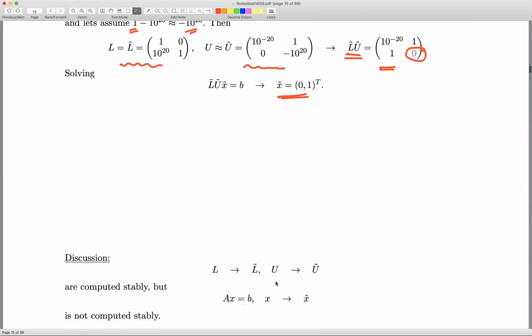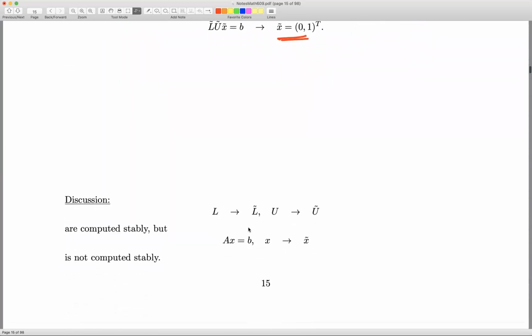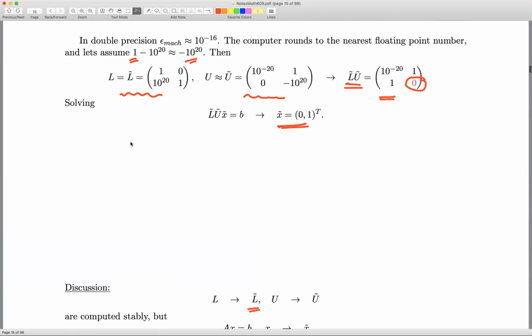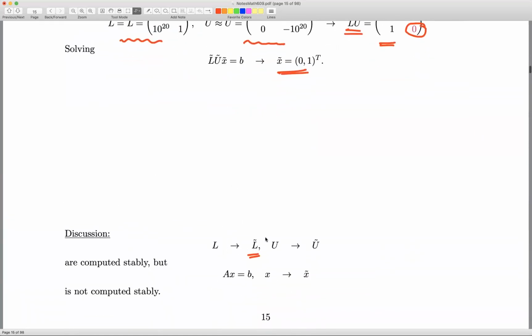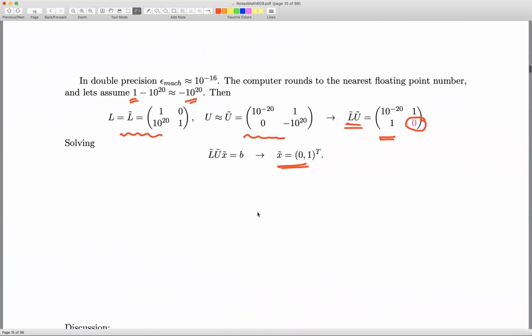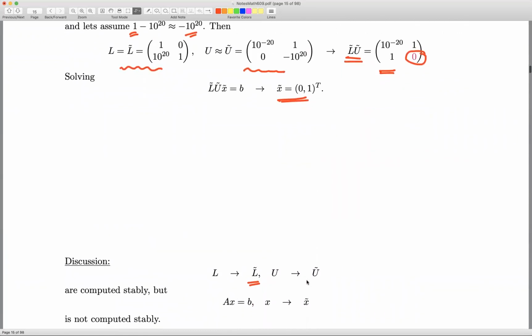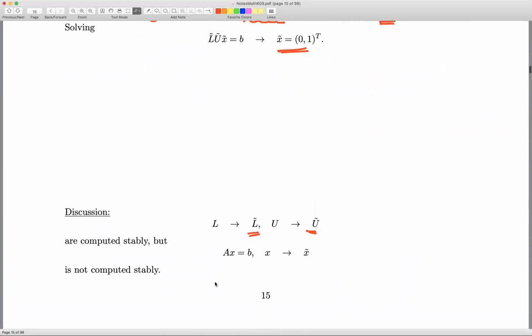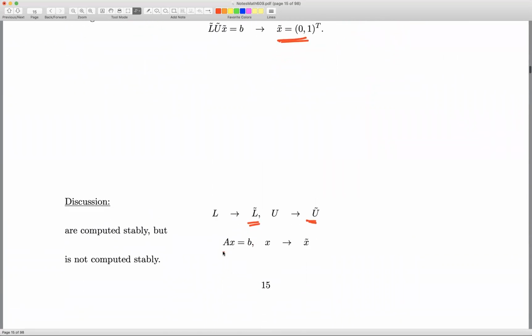So what is happening is that even though the computer saved an approximation to L, which is basically the same L, and worked with an approximation U tilde, where U tilde is close to U and L tilde is in fact the same as L, when we wanted to solve the system AX equals B with the matrices L tilde and U tilde, we ended up with a big difference.